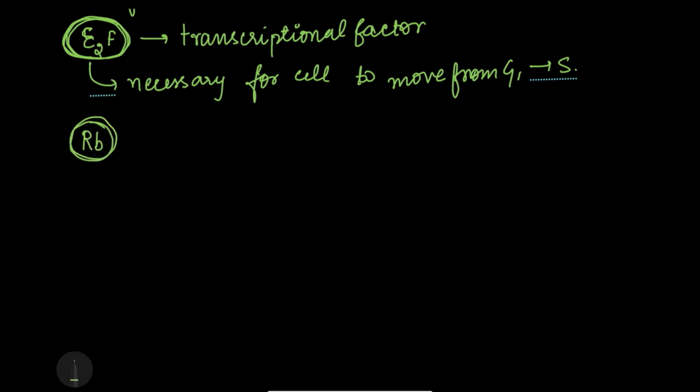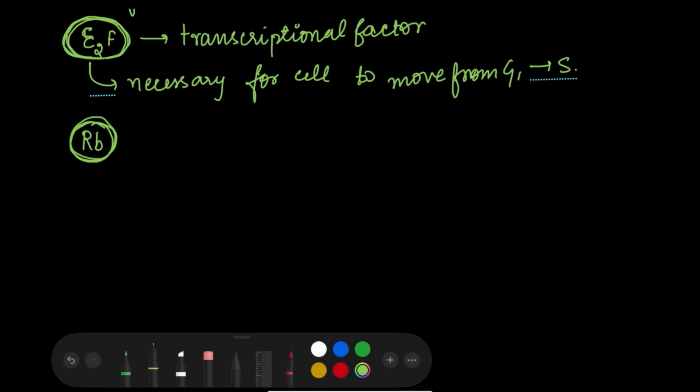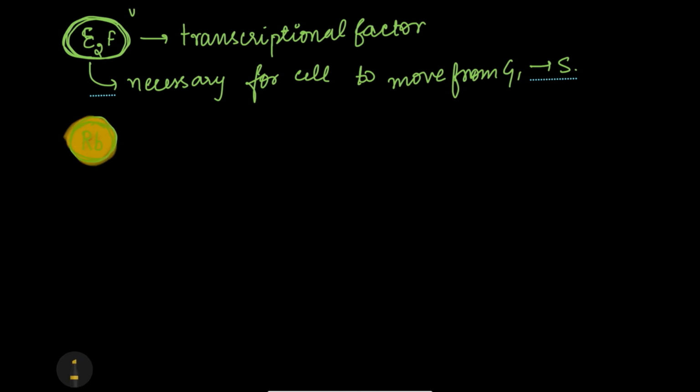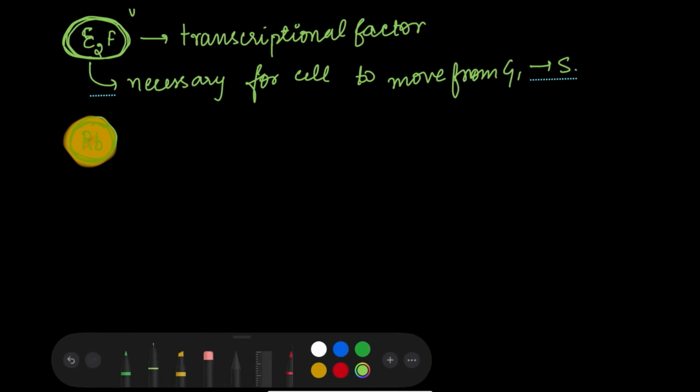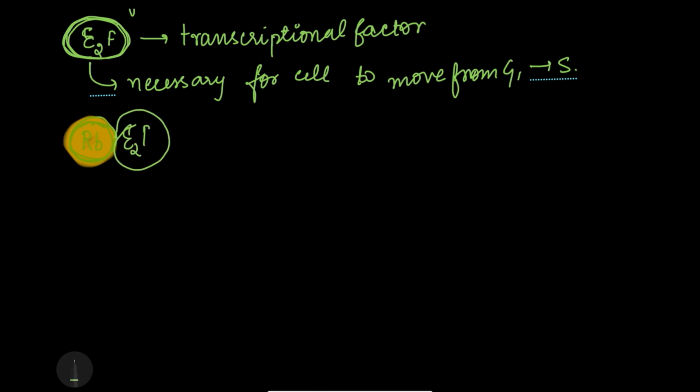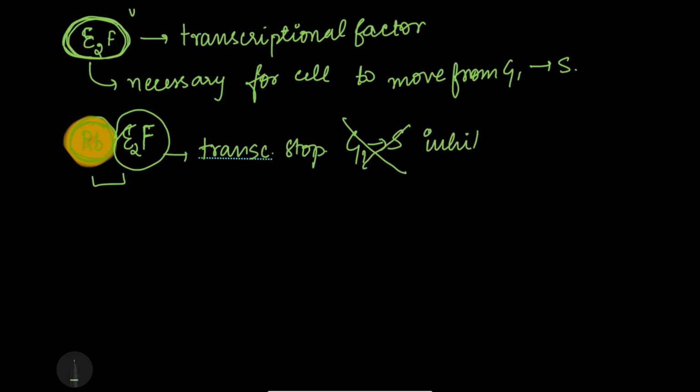Retinoblastoma or the pRB, I'll mark it with yellow, gets bound to E2F, right? When E2F gets bound, transcription stops and the movement of the cell from G1 to S is also inhibited, right? So the cell cycle stops, right?